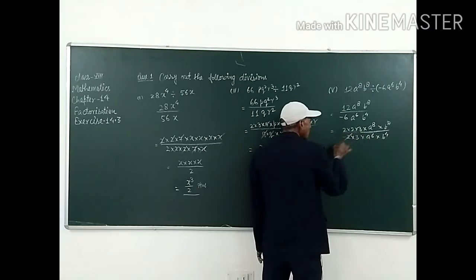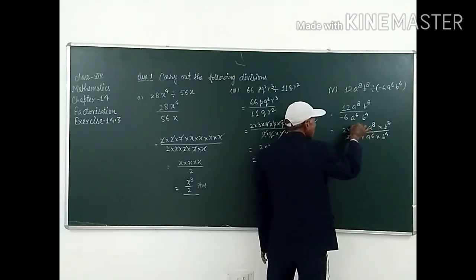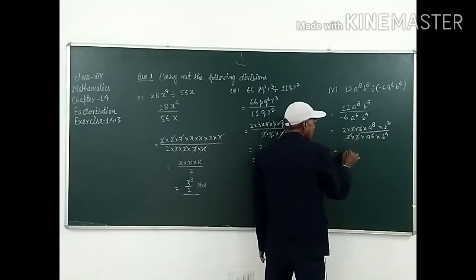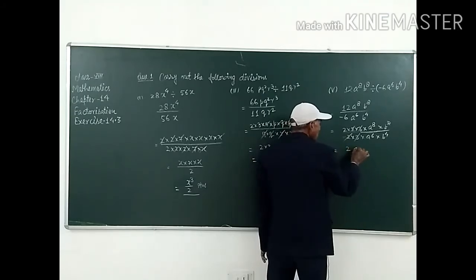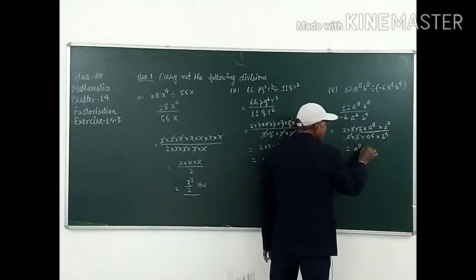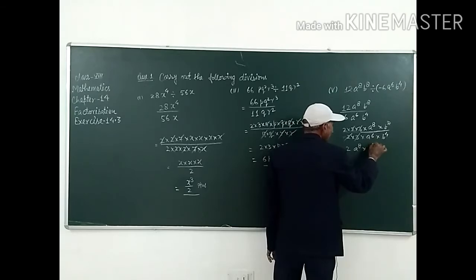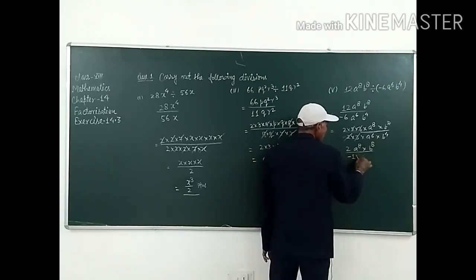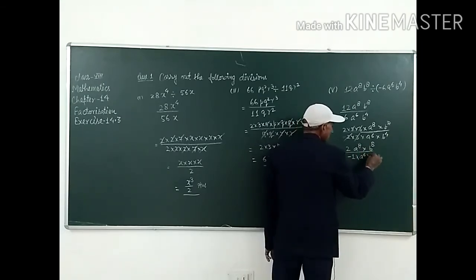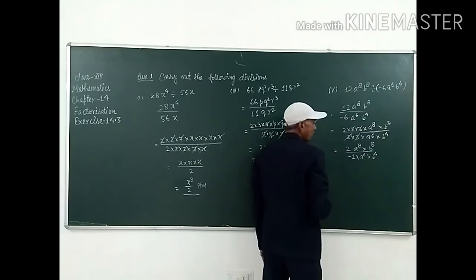Now this one 2 cancel by this 2 and 3 cancel by 3. So, students, here minus. So, we will write it this 2a to the power 8 into b to the power 8 by minus 1 into a to the power 6 into b to the power 4.